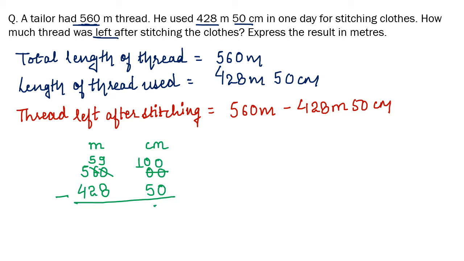So 100 minus 50, 50; 9 minus 8, 1; 5 minus 2, 3; and 5 minus 4, 1. So it is 131 meter and 50 centimeter. Now we can write it as 131.50 meters. When we divide 50 by 100, we get 0.50. So it will be 131 meter 50 centimeter.